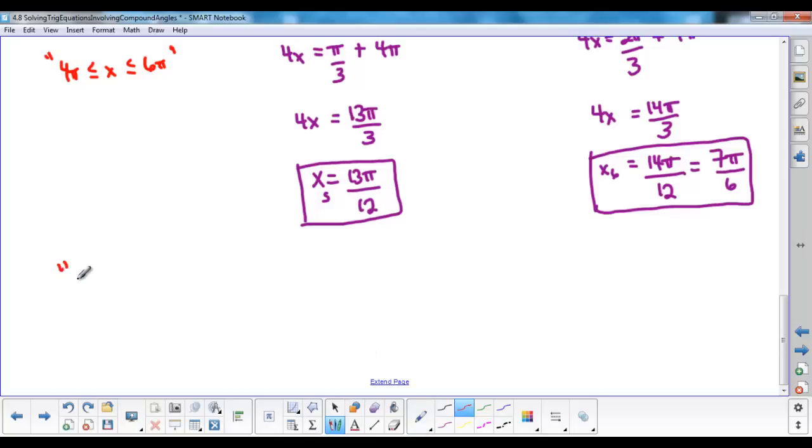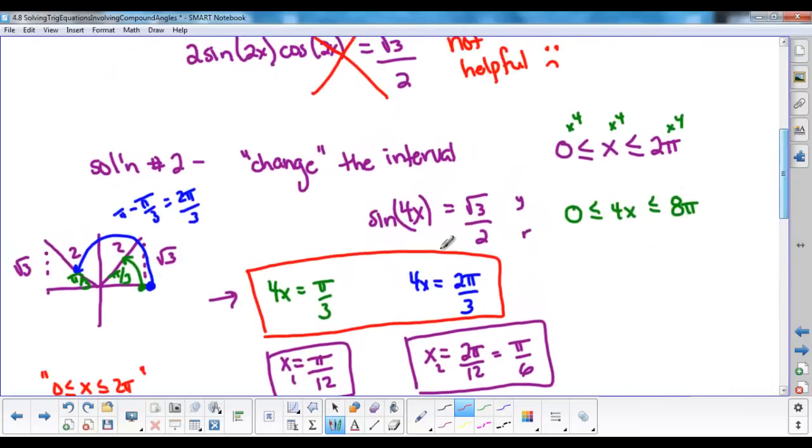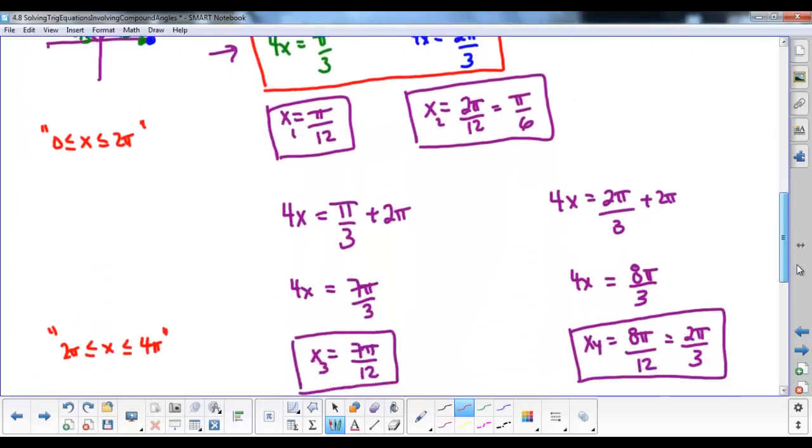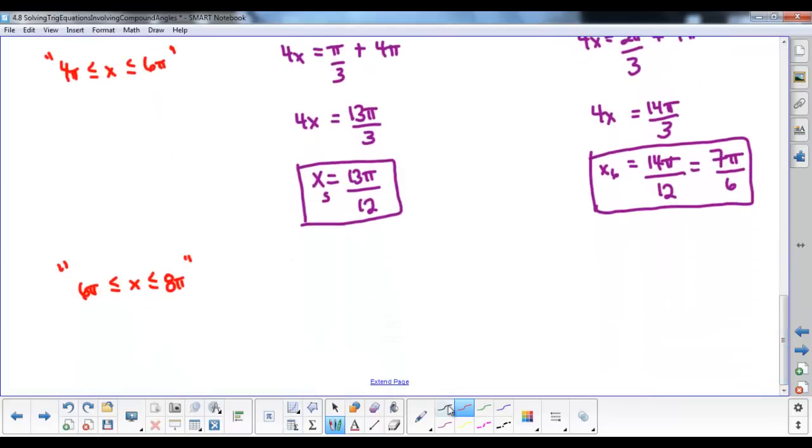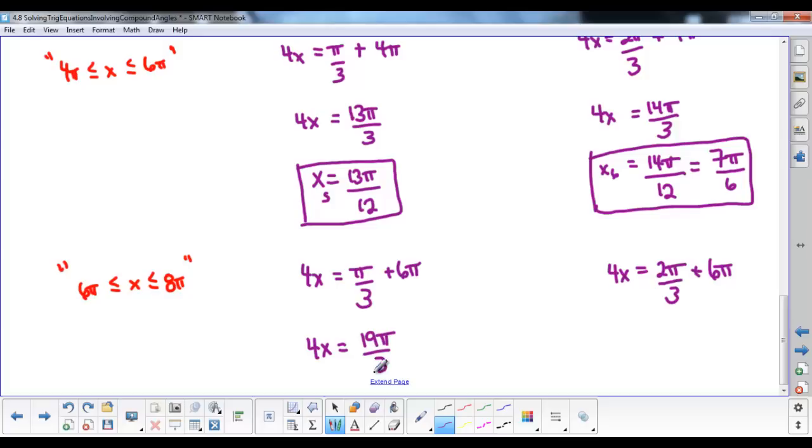So we want to work from the last interval, which is between 6 pi and 8 pi. So again, I'm going to take that original statement where the 4x equals pi by 3 and the 4x equals 2 pi by 3, and this time, well, we've added 2 pi, we've added 4 pi, so now we're going to add 6 pi. So really what we're working with is our argument being 4x equaling 19 pi by 3.